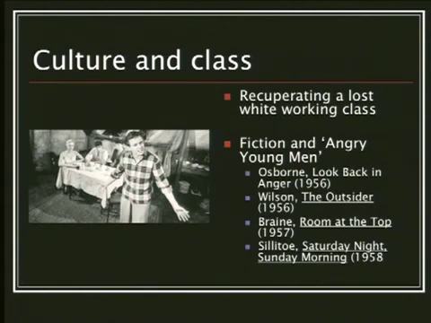The angry young man was a sort of composite figure that expressed the sort of dislocation of young working class people in a world of upward social mobility. They were caught between two worlds, neither the world of the old working class of the 1920s and the 1930s, nor of the new affluent families of the 50s and the 60s. And they were reacting against the confines of both cultures.